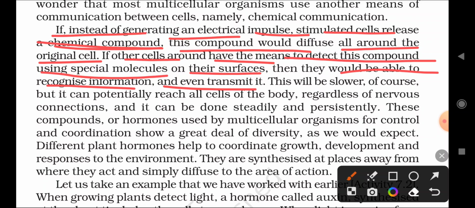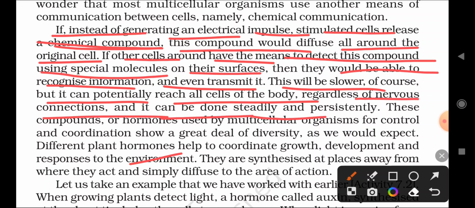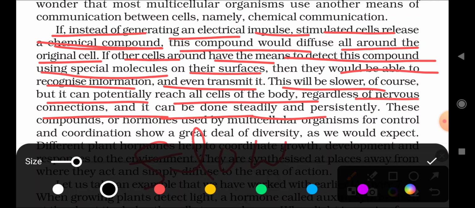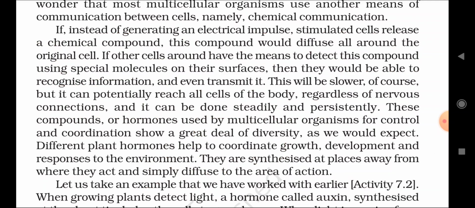This is done more efficiently with chemical compounds. This will be slower, of course, but it can potentially reach all cells of the body regardless of nervous connection, and it can be done steadily and persistently. Another major advantage of chemical communication is that it can be done very precisely, meaning accurately, though the process may be slow. But it can reach every part of the body, whether or not it is connected with nervous tissue.